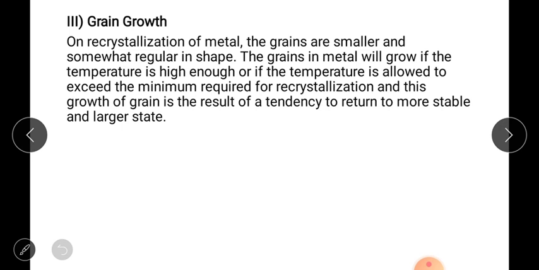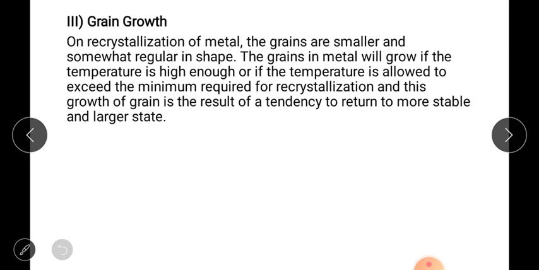The grains in metal will grow if the temperature is high enough, or if the temperature is allowed to exceed the minimum required for recrystallization, and this growth of grain is the result of the tendency to return to a more stable and larger state.